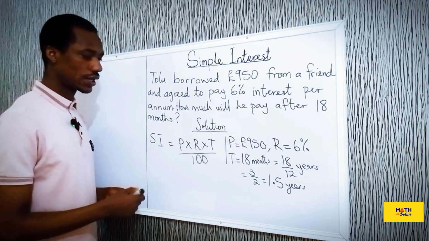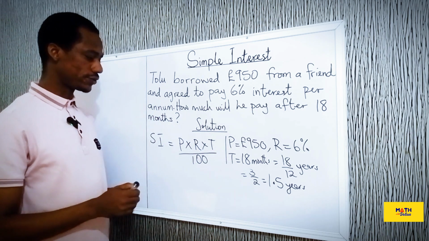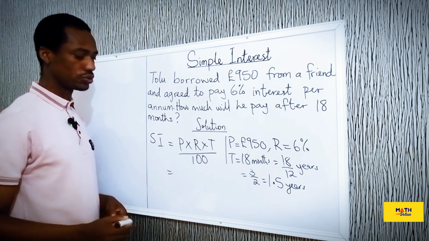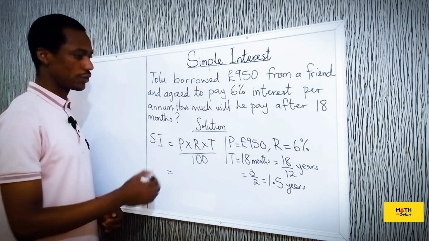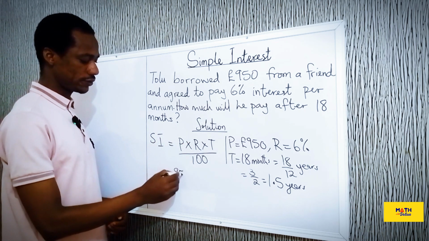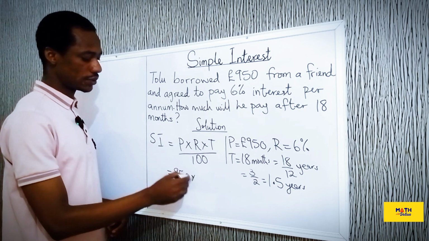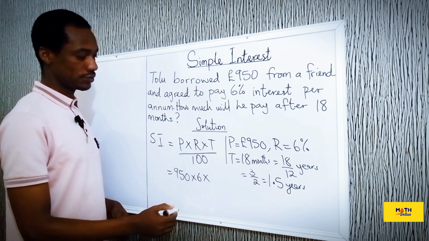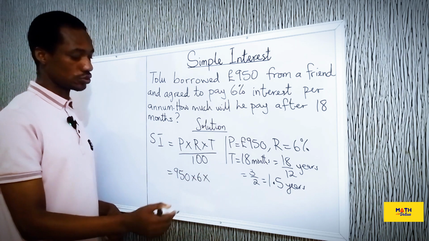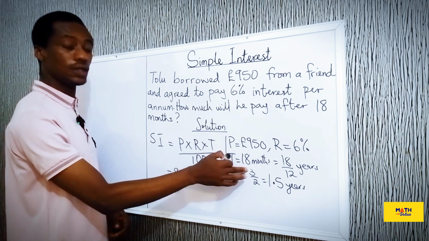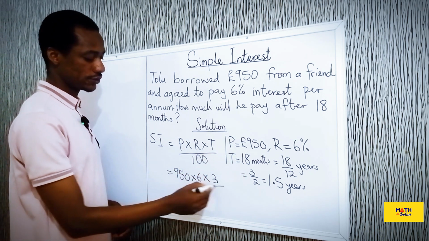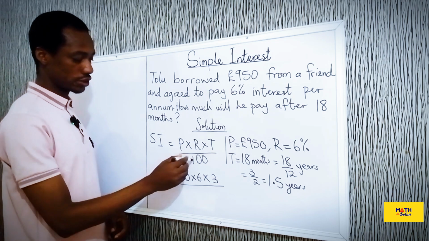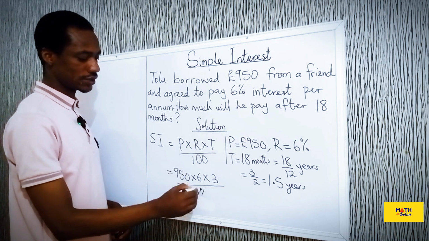To solve with fraction first, this is what you do. You have 950 times the rate, which is 6, and then the time now is 3 over 2. To solve with fraction, you write the numerator upstairs, and the denominator, you join it with the 100. As simple as that.